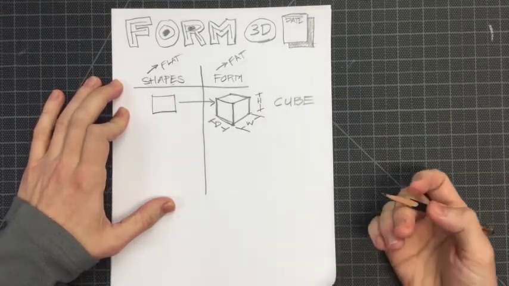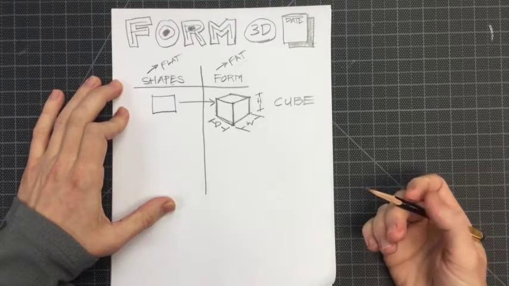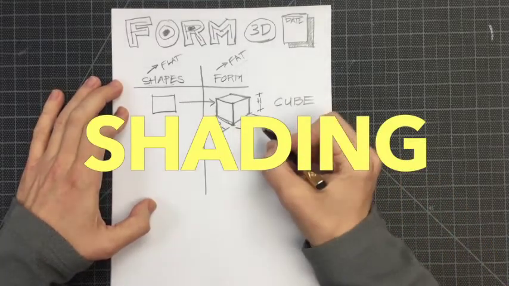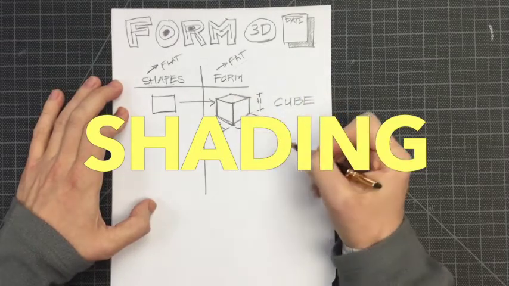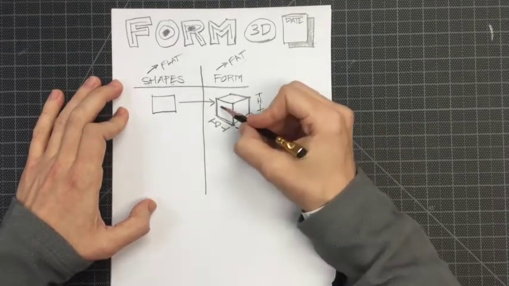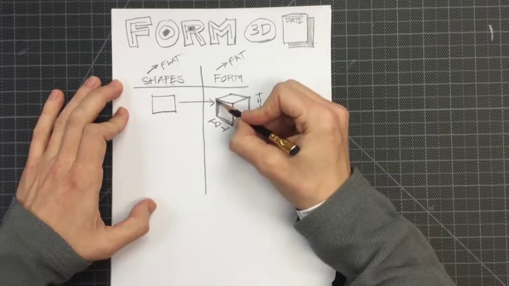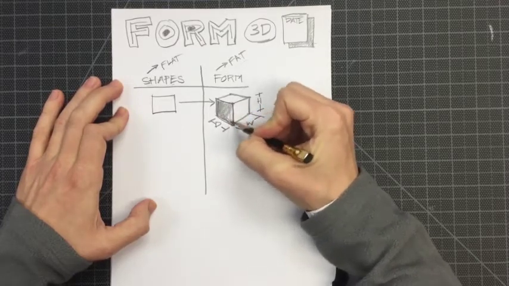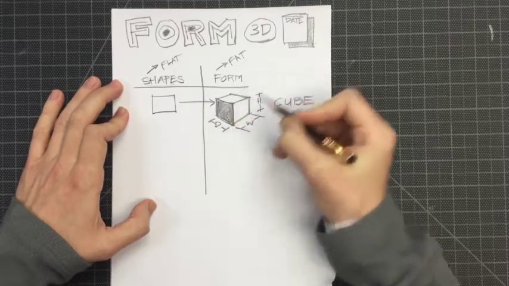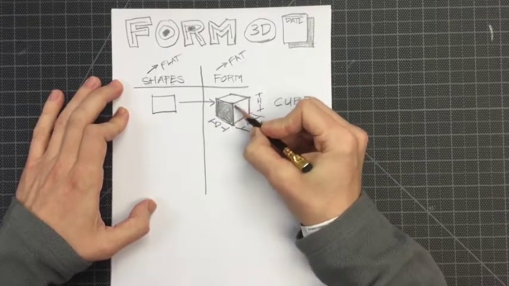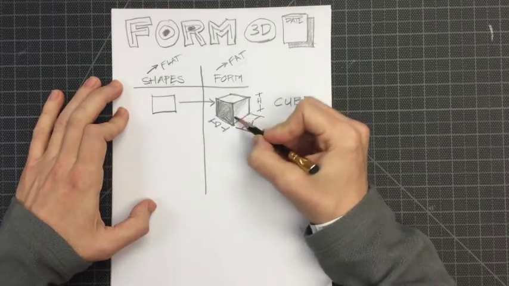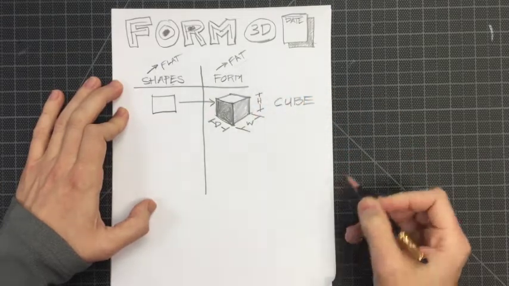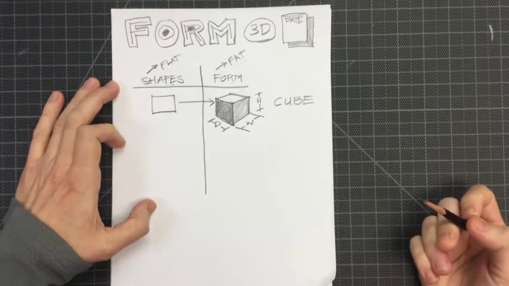To make this project a little more fun, we can add some shading to our cube. The top will remain white, but this side on the left can be very dark. And this side on the right can be medium gray. Now that looks a lot more three-dimensional.